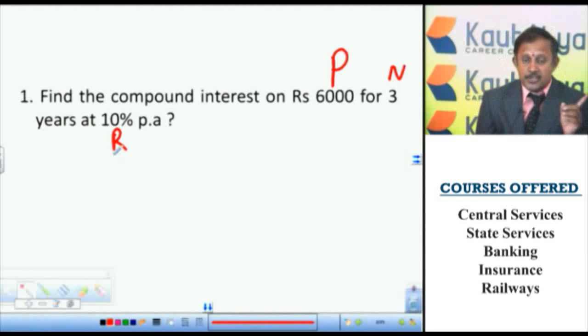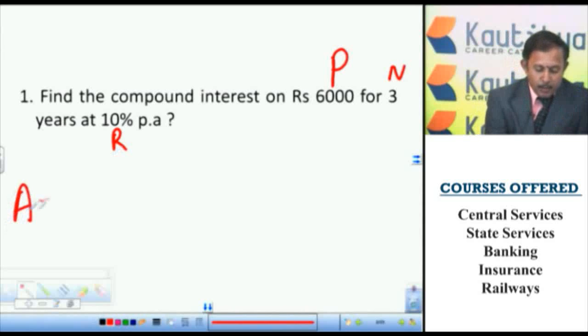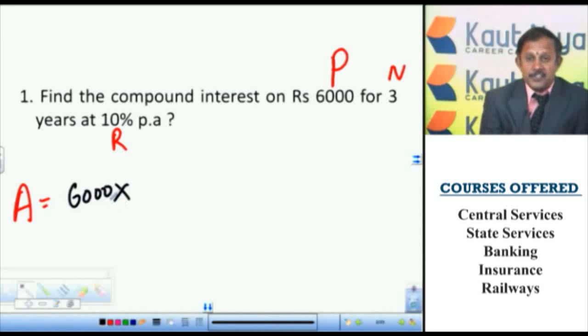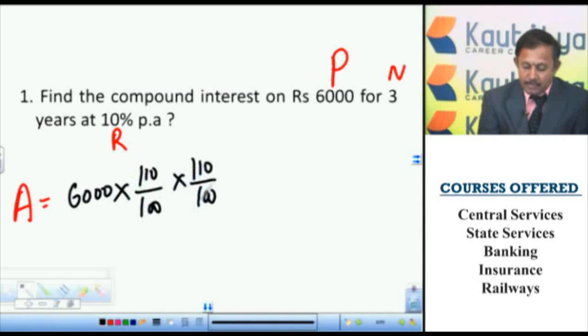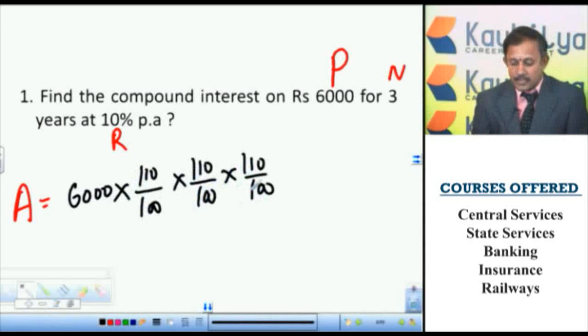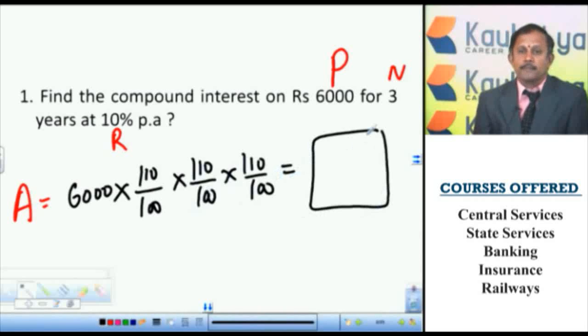In case of simple interest, we can directly get the simple interest by using the formula PNR by 100. But in case of compound interest, first of all you have to calculate the amount. Here the principal is 6,000 and the rate of interest is 10%. So you have to make use of the fraction 110 by 100 for 3 times because the time period is given as 3. So with this you can calculate the final amount.